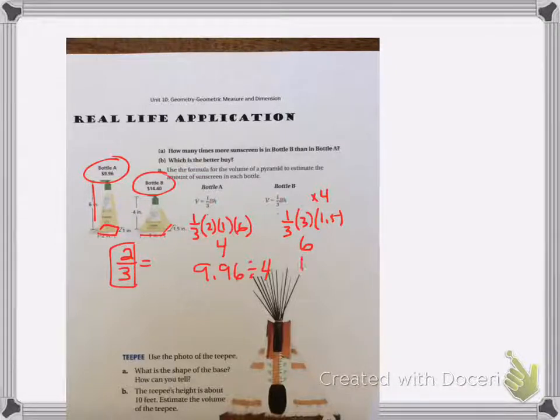Then we would take the other bottle, which is 14.40, and divide it by its volume, which is 6. So 9.96 divided by 4 gives you 2.49, and then 14.4 divided by 6 gives you 2.4. So which one is the better buy? The $2.40 per volume compared to the $2.49. So bottle B is the better buy.